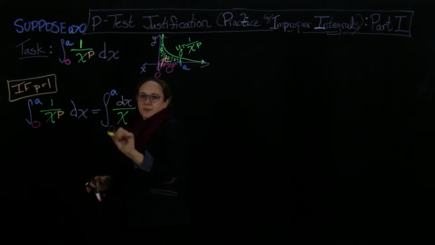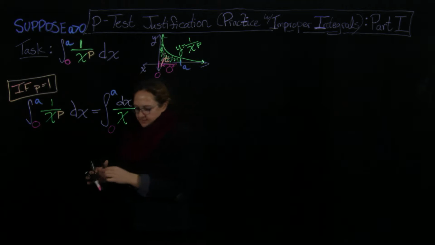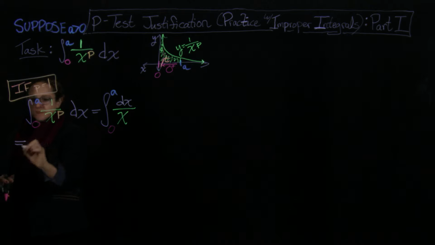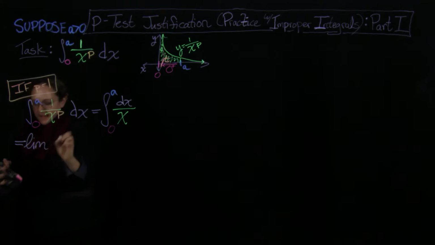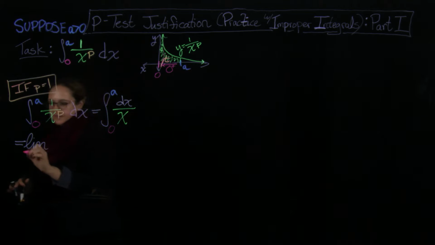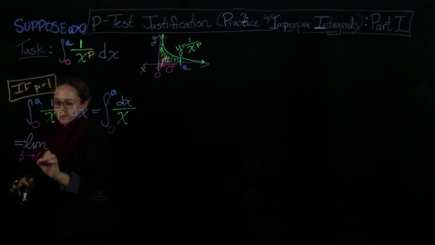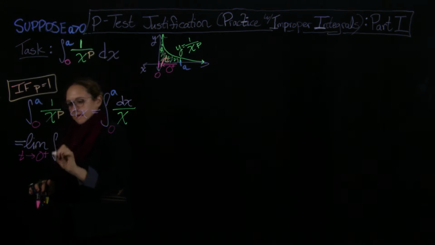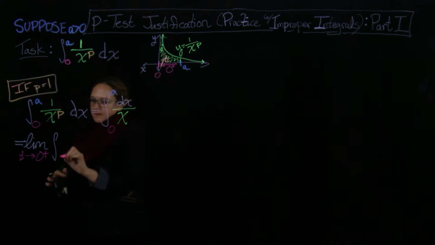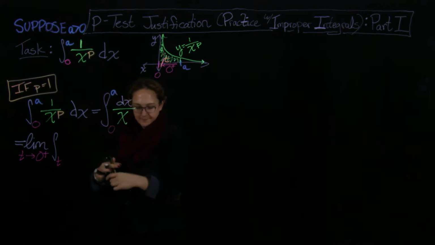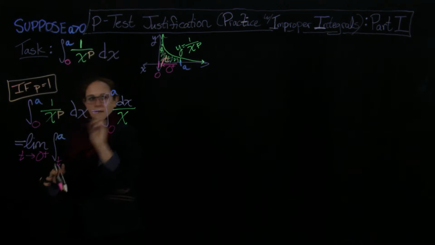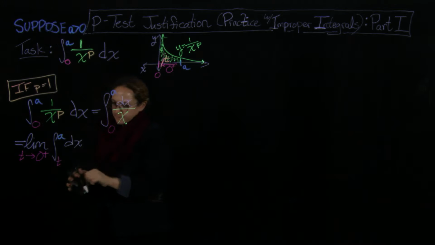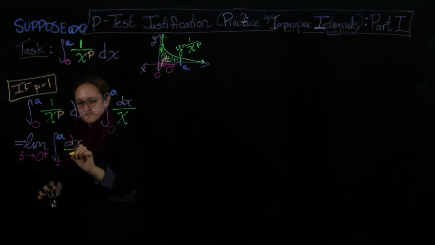Now I have this pesky bound here, so I'm going to want to do the limits. This is going to equal the limit as t approaches 0 from the right-hand side, and then the integral, where I replace that 0 with a t, up to a of dx over x.